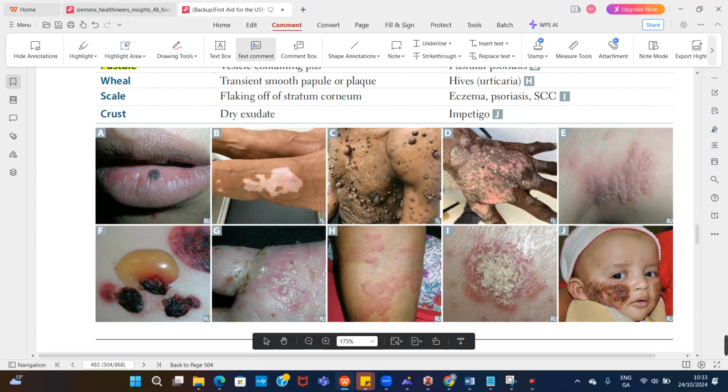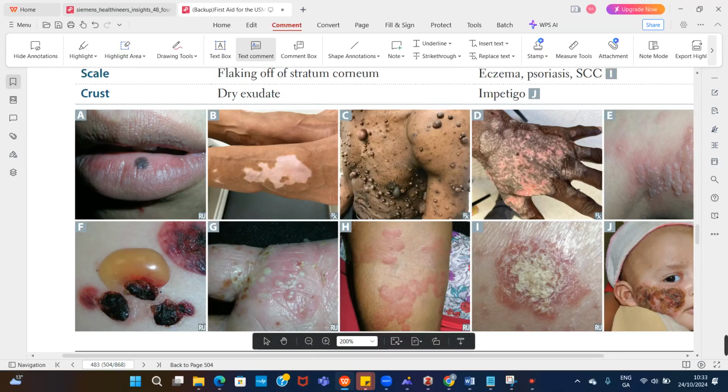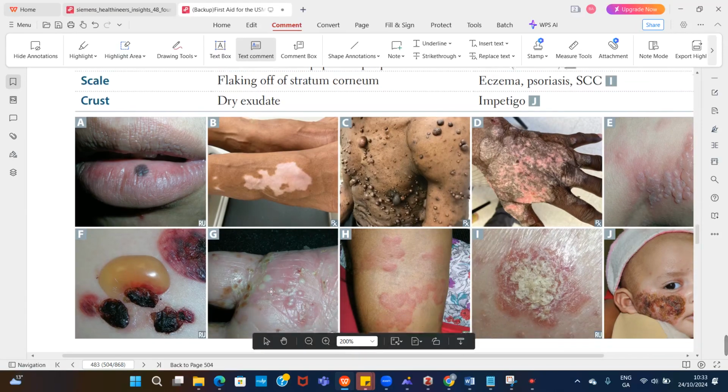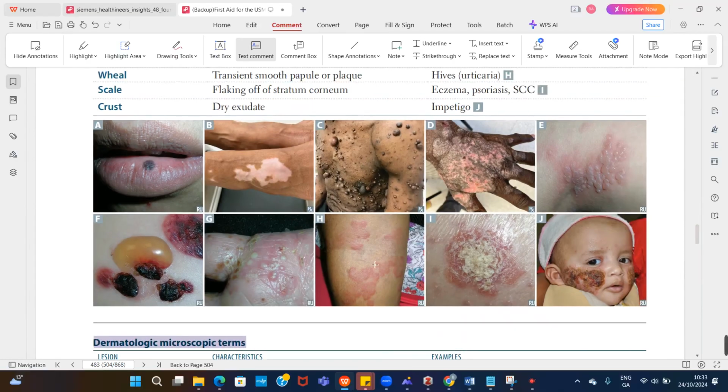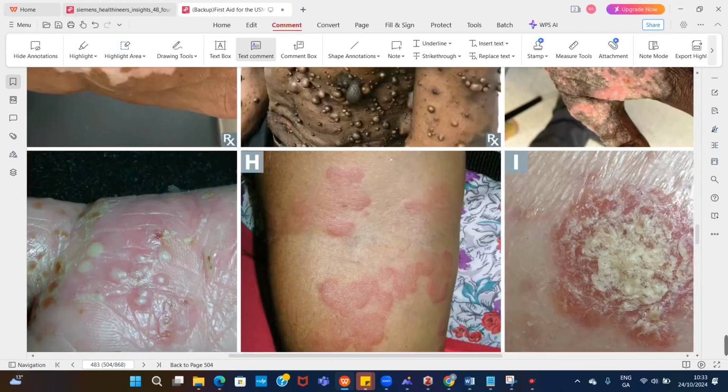The next is this lesion. We can see this lesion is containing fluid too, but it looks like pus. Once you see pus in the lesion, you know that this is a pustule, pustular lesions.